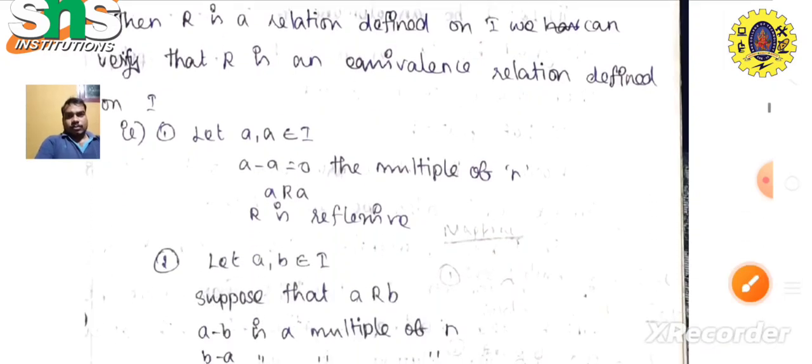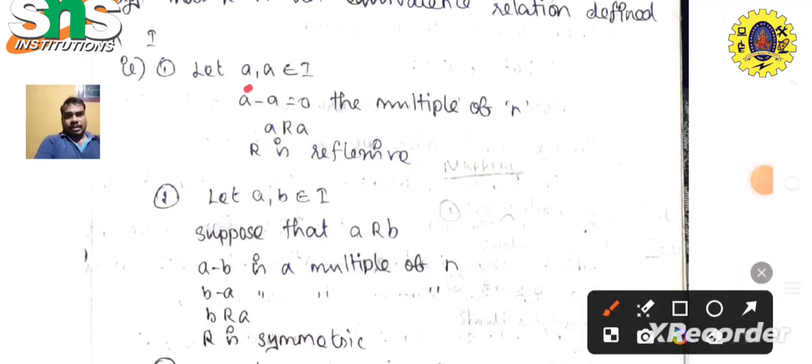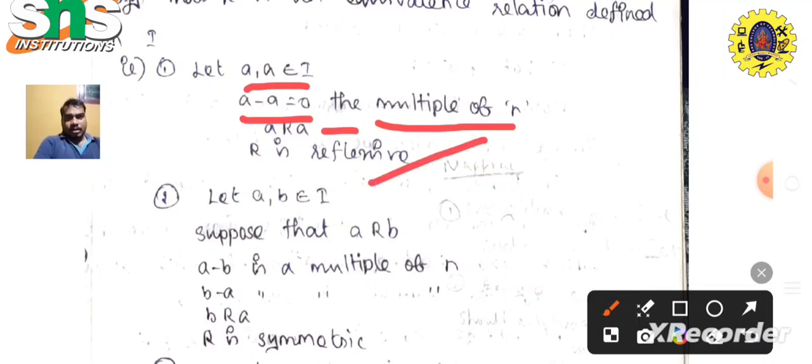First, let us take (a, a), two elements in the capital I set of integers. So a minus a is equal to 0, which is a multiple of n. So a is related to a, R is reflexive.